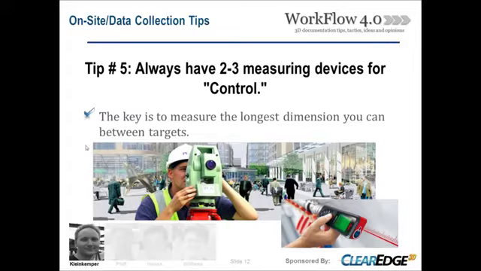So if you have a paper target on two walls at the far end of the building and you can reach it with the disto or some sort of electronic measuring device, that's a great second measurement that you can then go back and double check against your 3D scanner and see if there's an error or a discrepancy. If they're both agreeing, you know you're dead on. If they aren't, you've got to find out which instrument is more accurate.